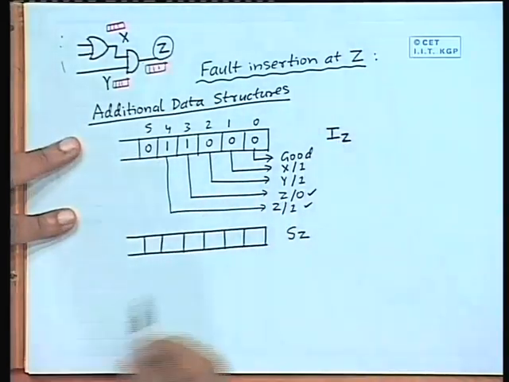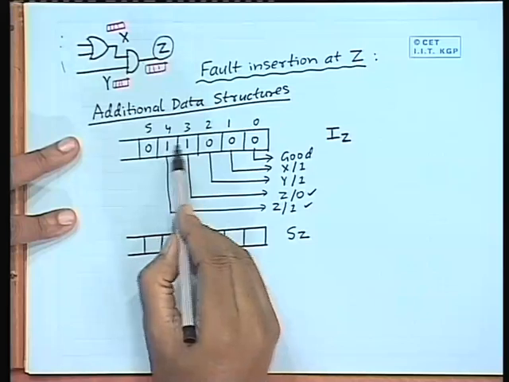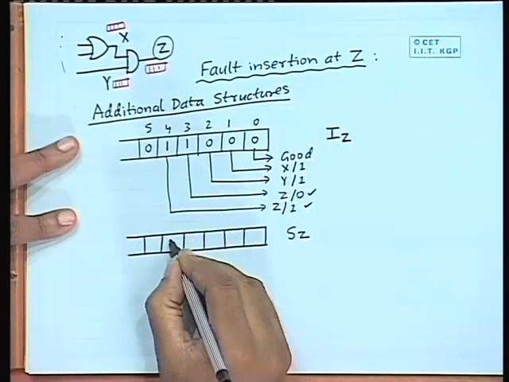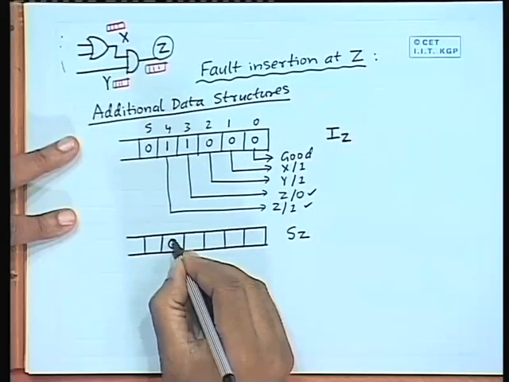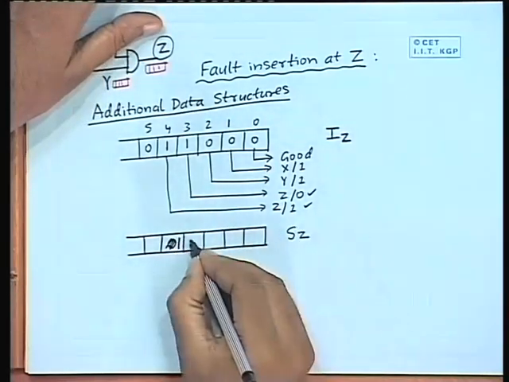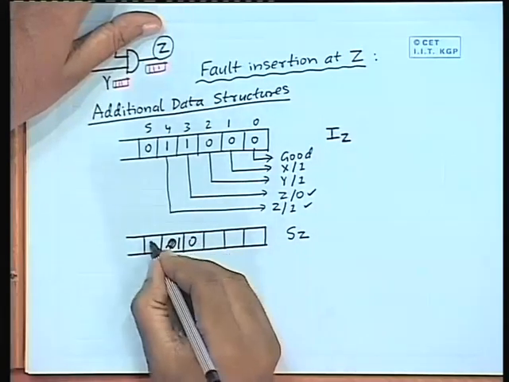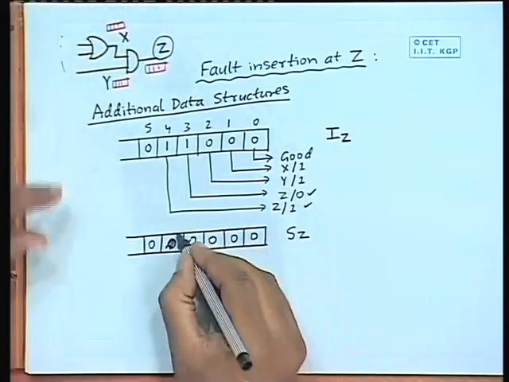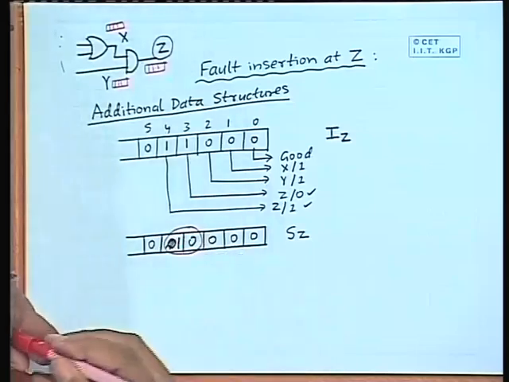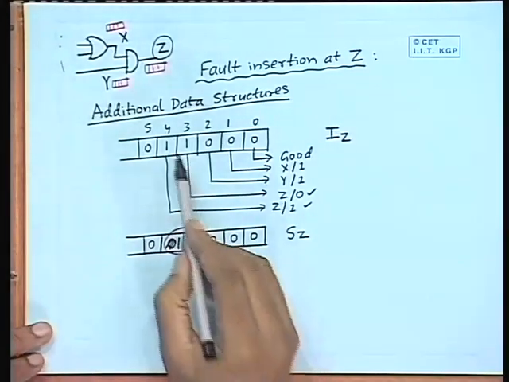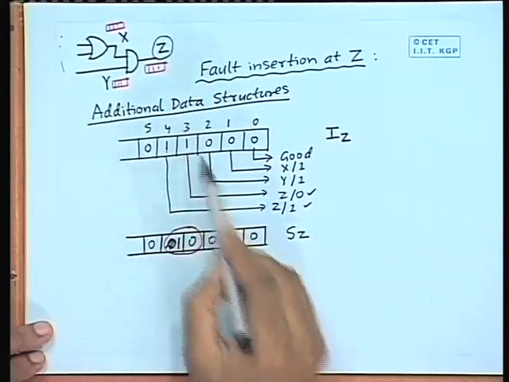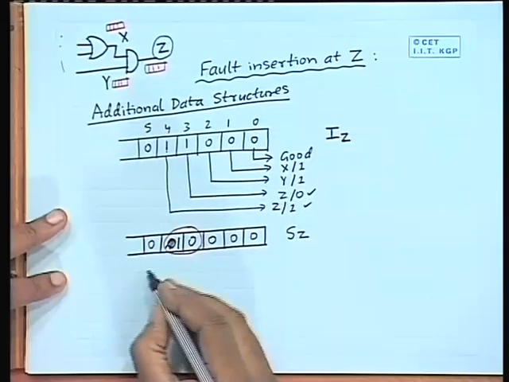These are IZ, and SZ says that these are the two faults in consideration. The first one is stuck at 1 and the second one is stuck at 0. The rest all bits will be 0. Only these two bits are relevant, this 1 and 0. They will indicate the polarity of the stuck-at faults on this line. Bit number 4 will indicate stuck at 1, bit number 3 will indicate stuck at 0.